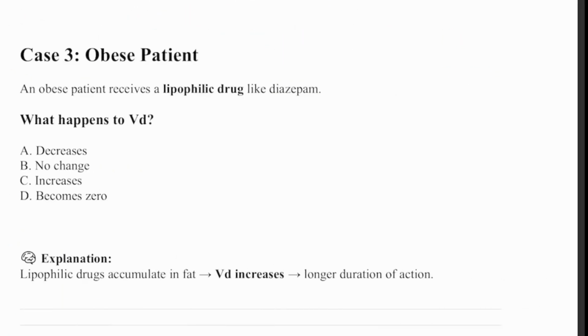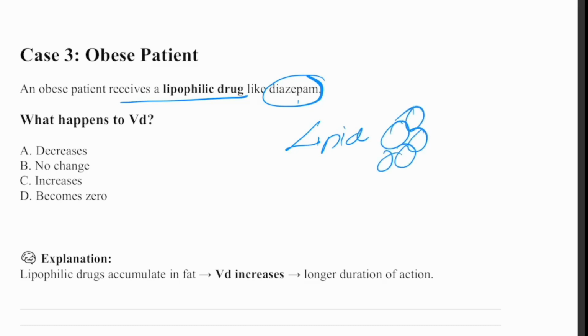Now we get to the third case, an obese patient. An obese patient receives a lipophilic drug, for example diazepam. What happens to the volume of distribution? Obese patient means more lipids, and diazepam is lipid soluble.